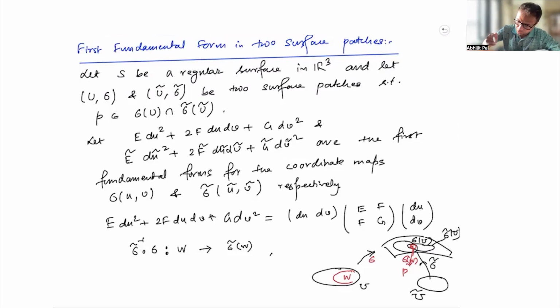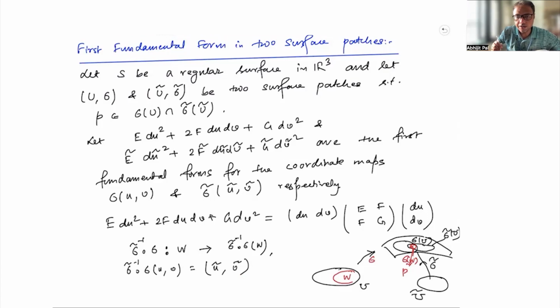Okay, so here it should be sigma tilde inverse composed with sigma of W. So we have this map. Sigma tilde inverse of sigma of u, v is equal to u tilde, v tilde.